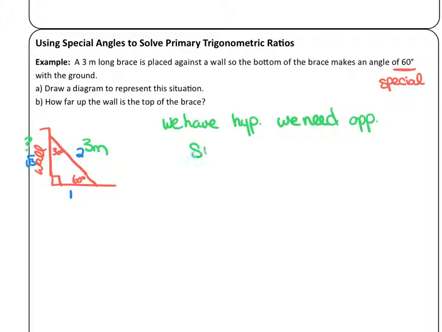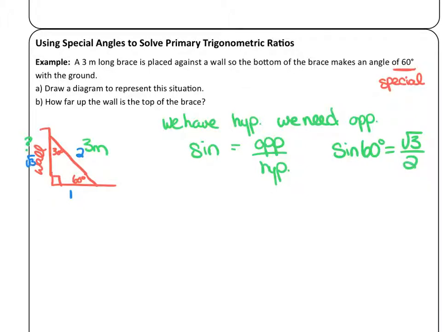So we're going to use sine, because sine is opposite over hypotenuse. Now, we also know, because our angle is 60, from above and from the rest of the note, that sine 60, the ratio is root 3 over 2.